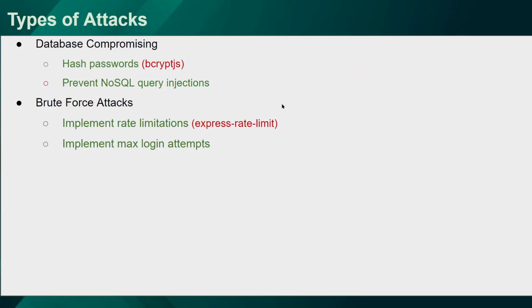And brute force attacks, again, are a very common type of attack, and usually this is performed in order to affect the availability of our servers. Therefore we have to mitigate those types of attacks as well.